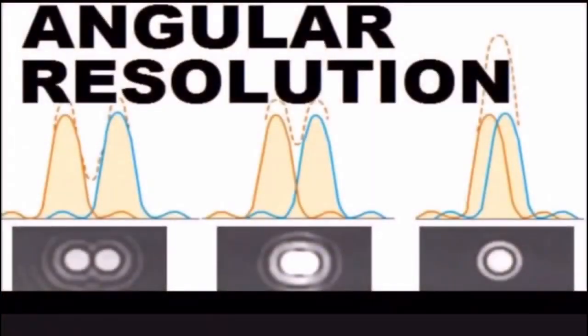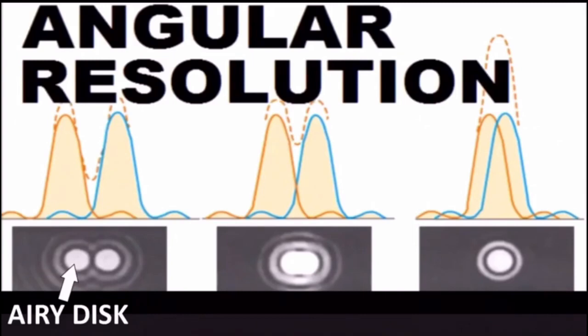Now, what is angular resolution? Well, it all has to do with the way that we view light, whether it be from your eyeball, a camera, or a telescope. In optics, the best focused spot of light that a perfect lens with a circular aperture can make is called the airy disk. Now, as you can see in this left-hand side, there are 2 points of light and 2 airy disks.